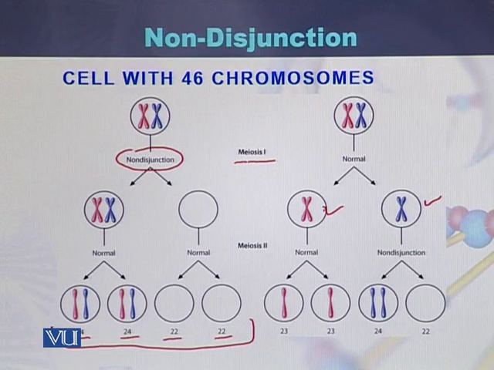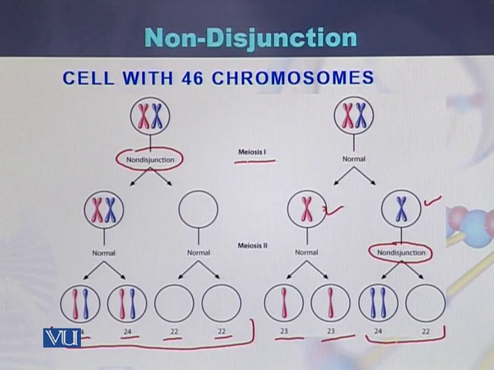Because the first meiosis is the normal one, if there is non-disjunction during meiosis 2, in this case the cell will have 23 chromosomes, while because there is non-disjunction during this meiosis 2, this cell has 24 chromosomes while this cell has 22 chromosomes.